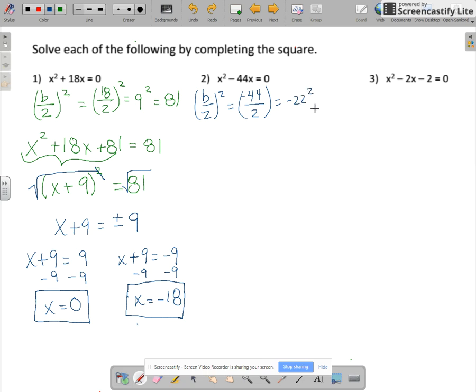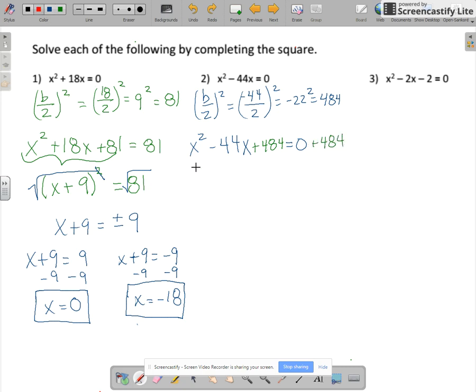Negative 22 squared is 484. So we plug that in. We originally have x squared minus 44x is equal to 0, and we add 484 to both sides.